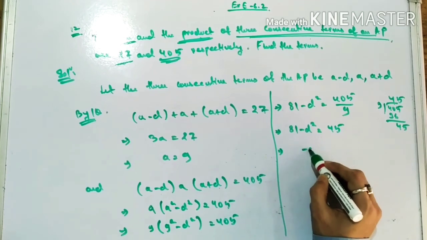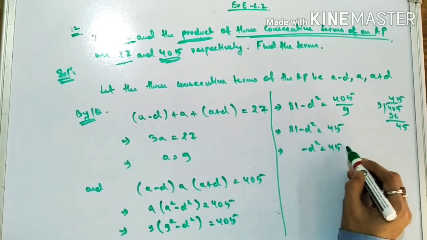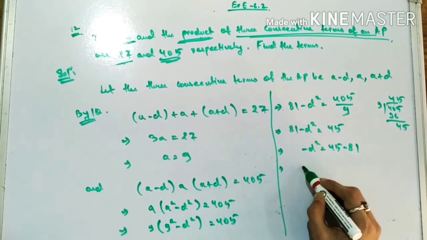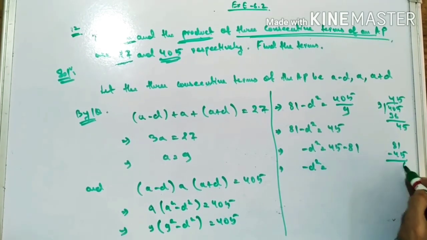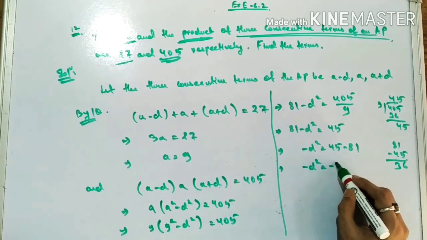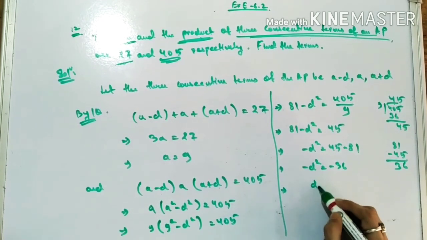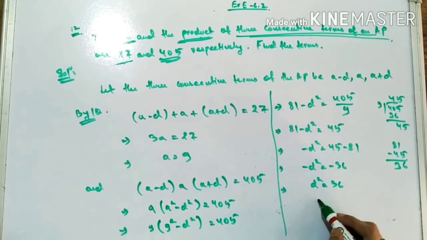So minus d square is equals to 45 minus 81, so d square is equals to 81 minus 45, that is 36. So d square is equals to 36 I will get.